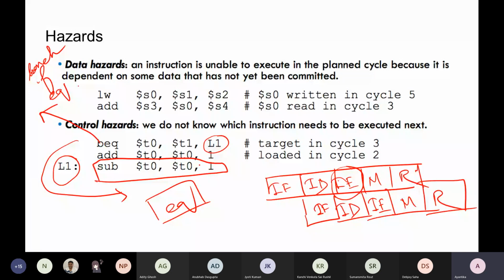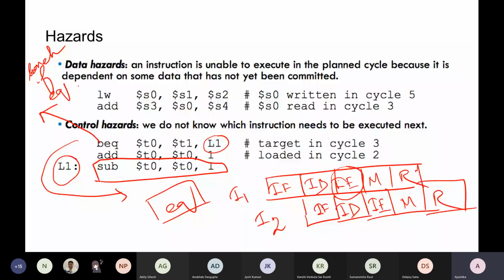Let's say it is 1. But before that, in instruction 1, this is instruction 2, according to how you have arranged your instructions in the instruction memory, this is your next instruction. So that is already entered in your pipeline.